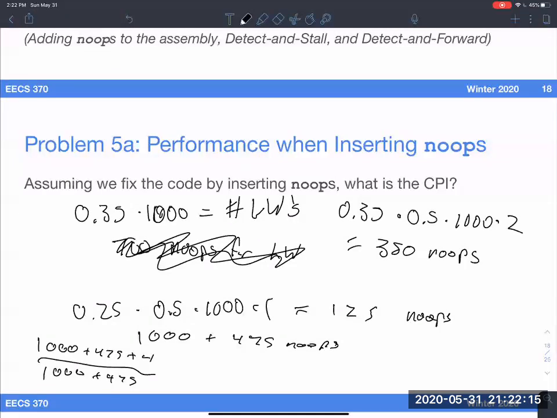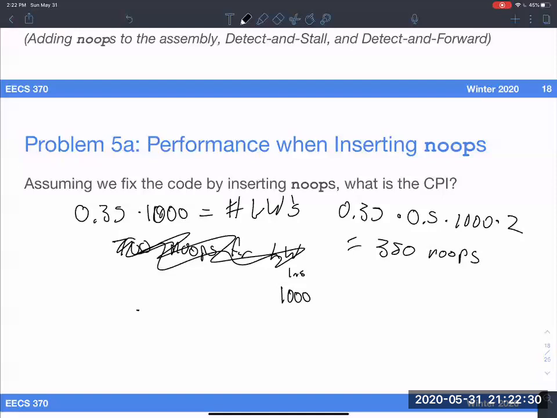I'm going to write that out a little neater. So we have 1,000 for instructions plus 475 no-ops inserted, and then plus 4 to fire up our pipeline.